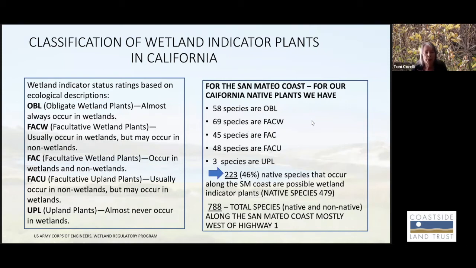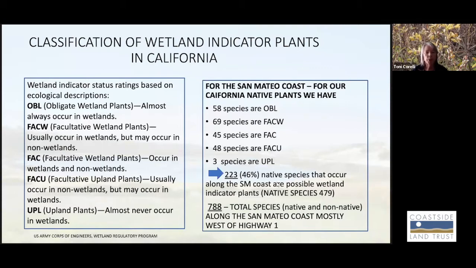For the San Mateo Coast, for our California native plants, we have 58 species that are obligate wetland plants, 69 species that usually occur in wetlands but may occur in non-wetlands, 45 species that occur in wetlands and non-wetlands, 48 species that usually occur in non-wetlands but may occur in wetlands, and 3 species that are upland plants, almost never occurring in wetlands.